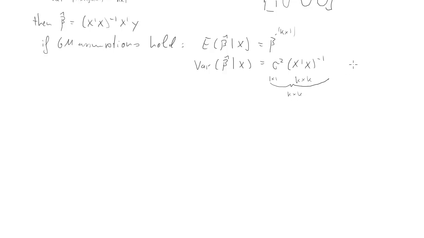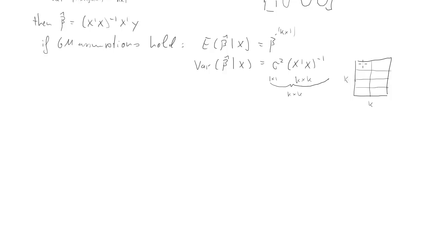So you can think about this as a square matrix with k dimensions. What we'll be interested in soon is the variance of the individual elements of this β. If k is 4, that means we actually have 16 values in here, k by k.